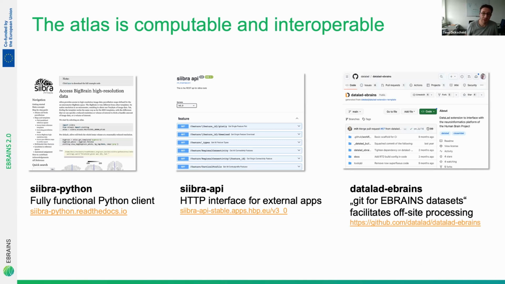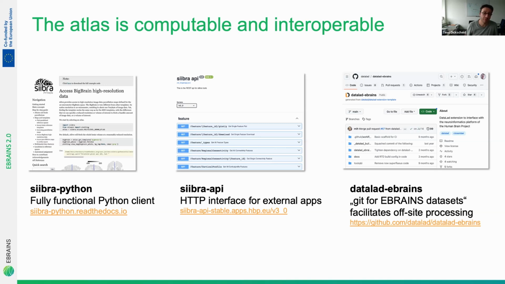And we have also developed, which is quite interesting, an interface of the DataLad software, which, if you don't know DataLad, is kind of a Git for data. There's now an interface so that you can use this to pull data right away from EBRAINS data sets.